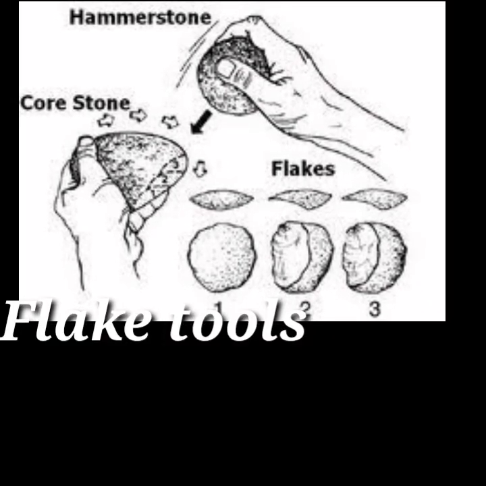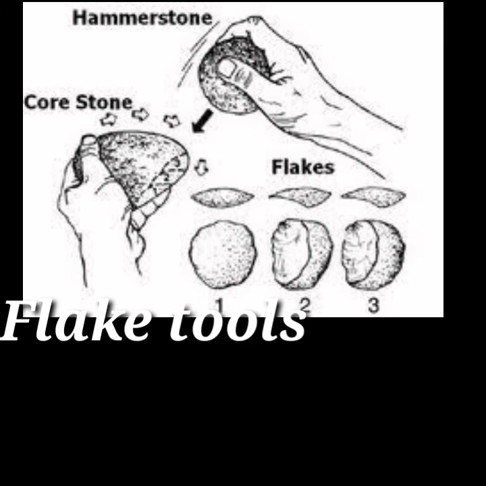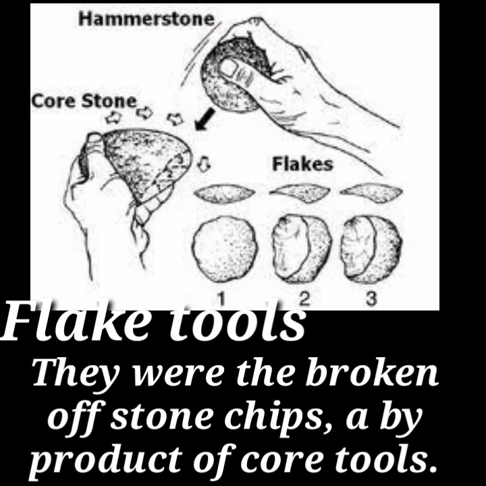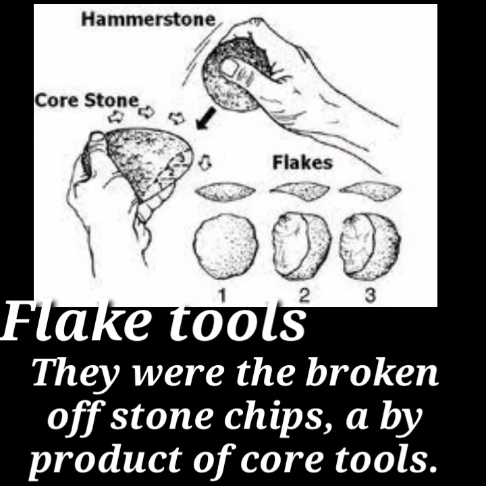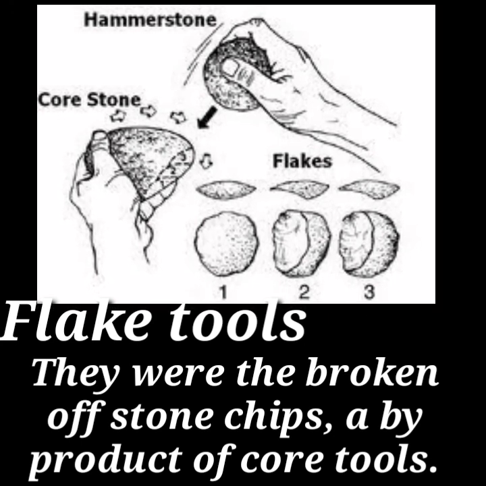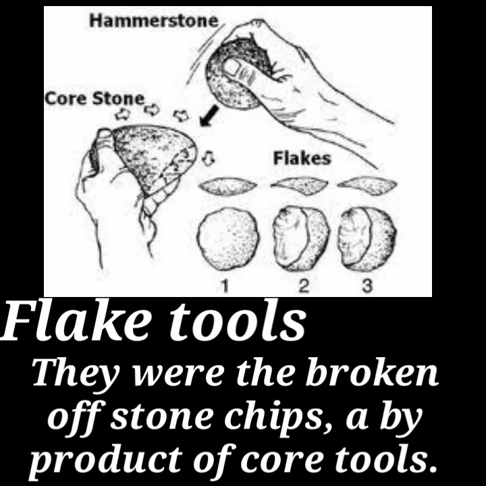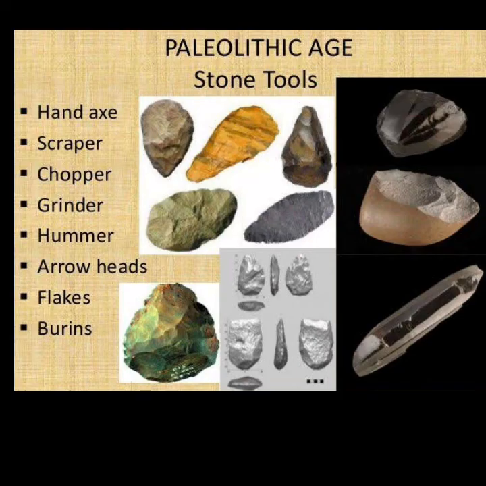Second, flake tools. They were the broken off stone chips, a byproduct of core tools. Having sharp edges, they were used for chopping meat and skinning animals.